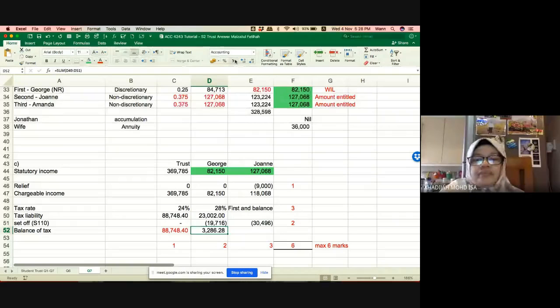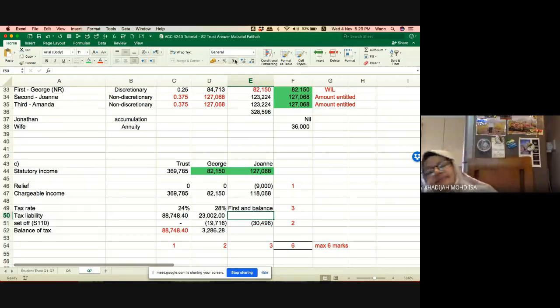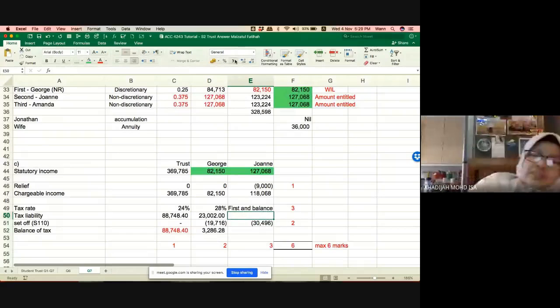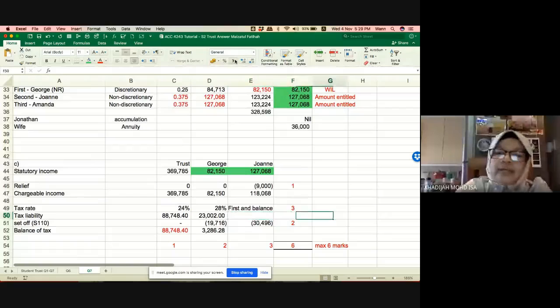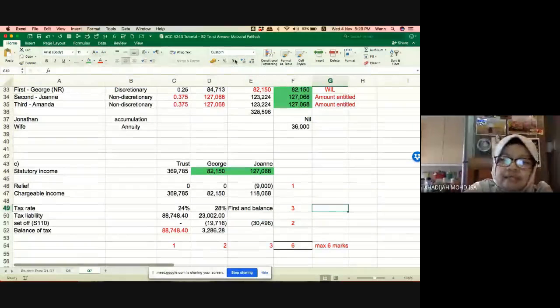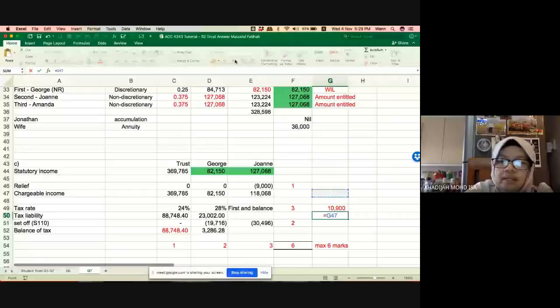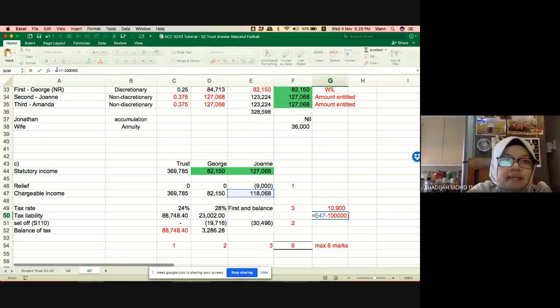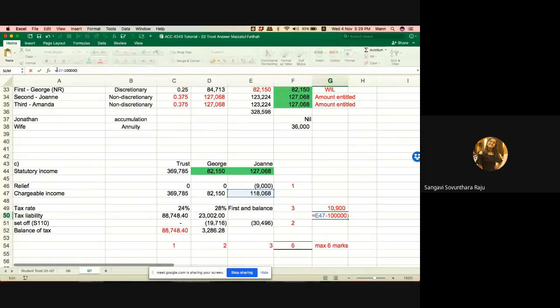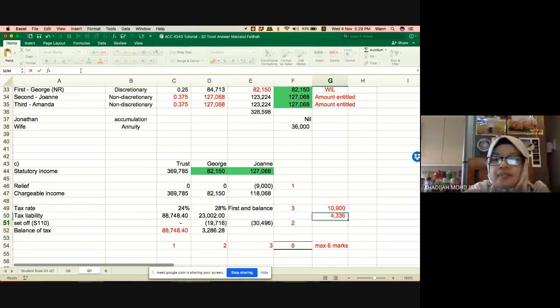But in the case of Joanne, because I don't actually have this 118, is there anyone who can help me calculate? 118, the first is 10,900. The balance is 118 minus 100,000, times 24%.